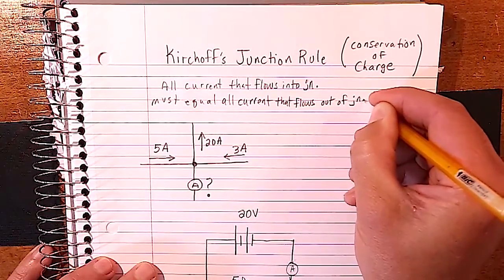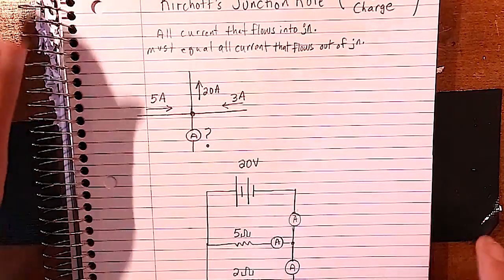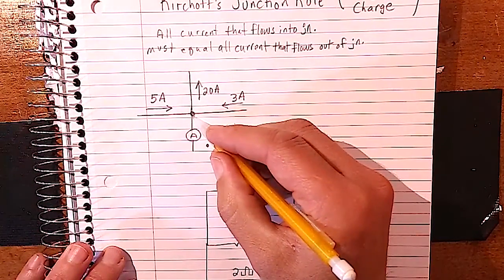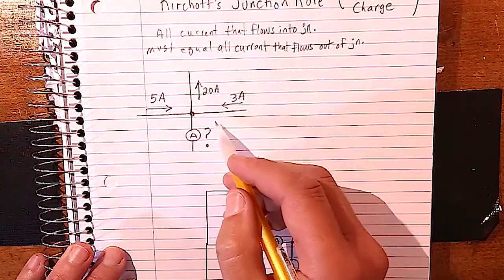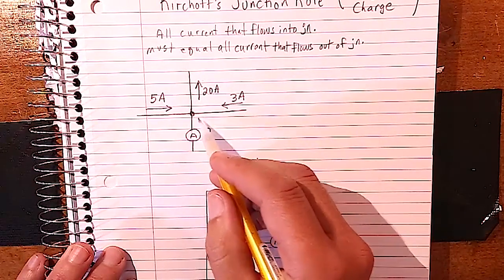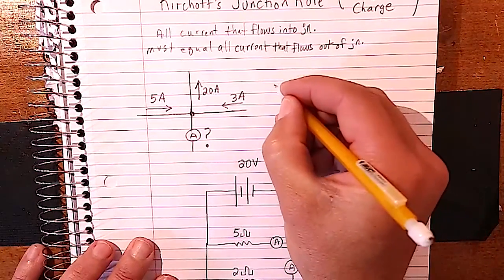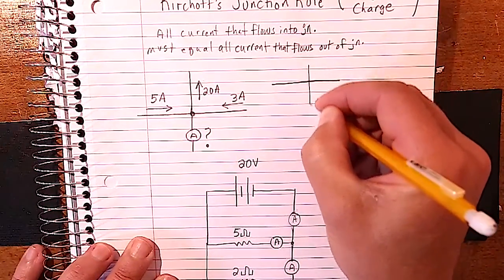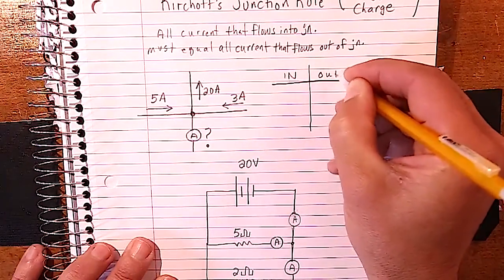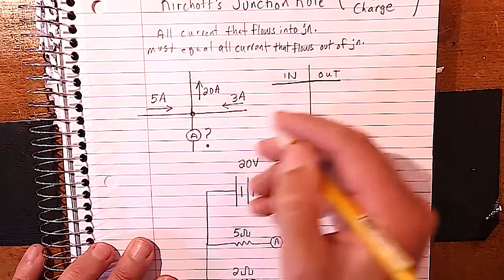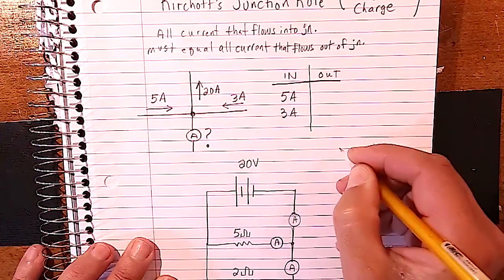So what does that mean? Well, let's look at an actual example. Let's say we have a junction here, and we have 5 amps flowing in, 20 amps flowing out, and 3 amps flowing in. What's the reading in this ammeter going to be? Well, the way that I like to do this is just to make a little chart and compare the in to the out. What's flowing in? 5 and 3. So we can say 5 amps and 3 amps are flowing in.